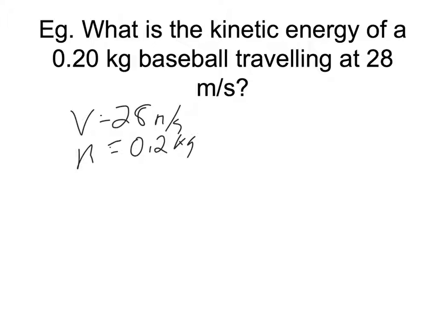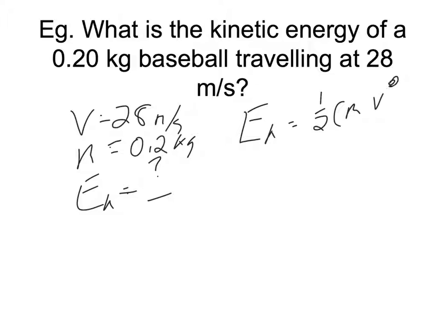Important thing, you've got to use meters per second and kilograms, otherwise you are not going to get a kinetic energy, or EK, in joules, which is what you're trying to find. So, the kinetic energy is 1/2 the mass times the velocity squared.